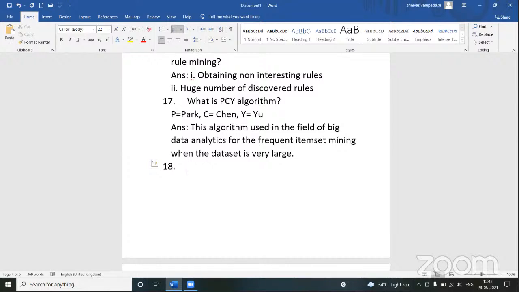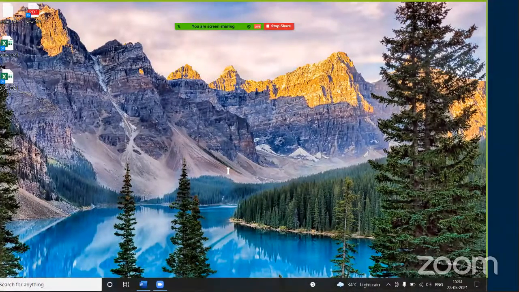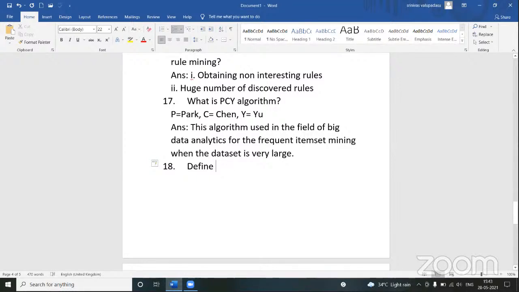Define support and confidence in association rule mining. Support is an indication of how frequently the items appear in the data.